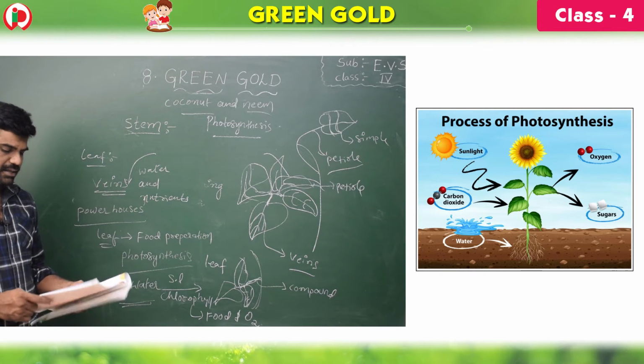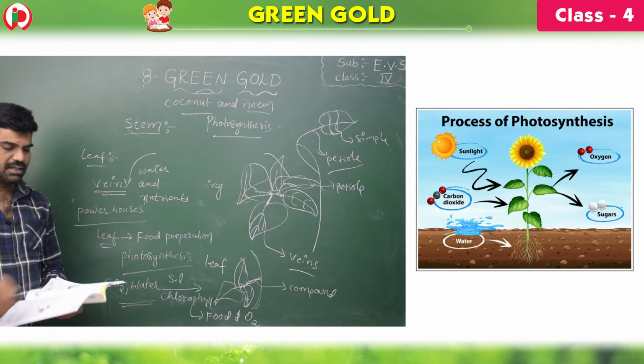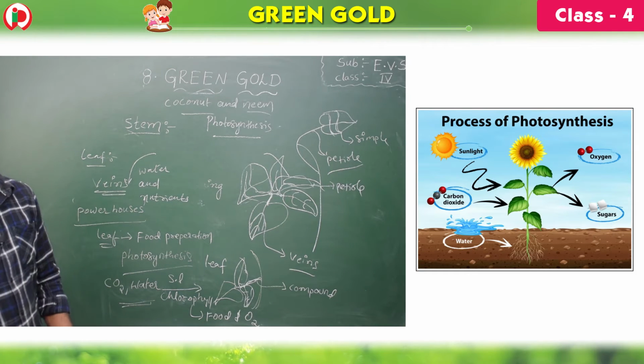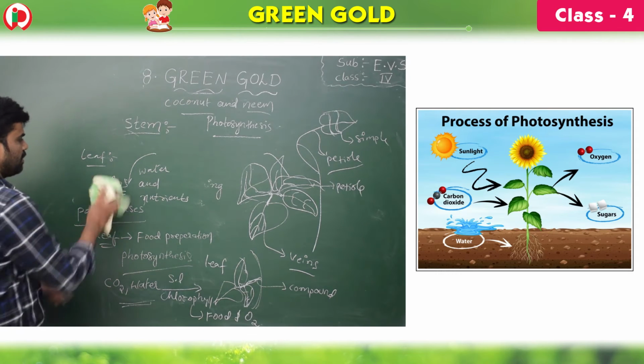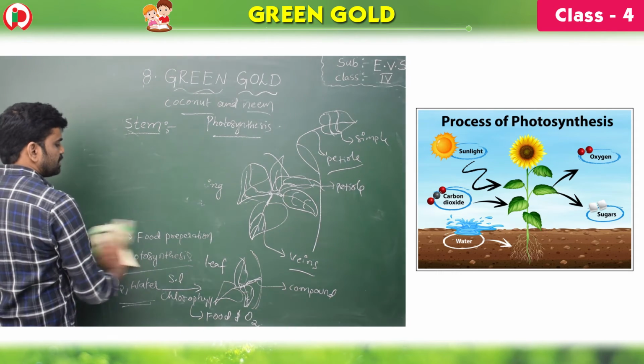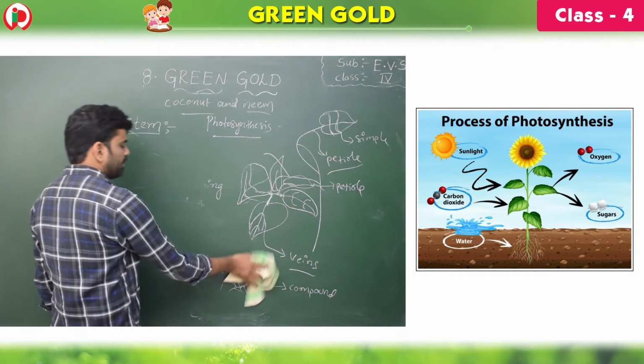Once again, children, I am going to explain photosynthesis. Photosynthesis is photochemical, so this reaction is based on light and it's a chemical reaction also.